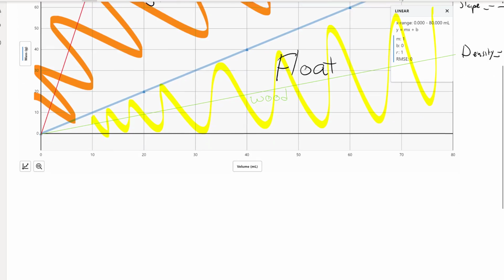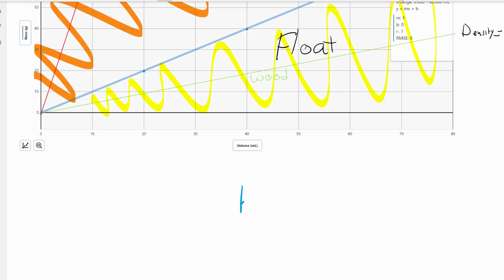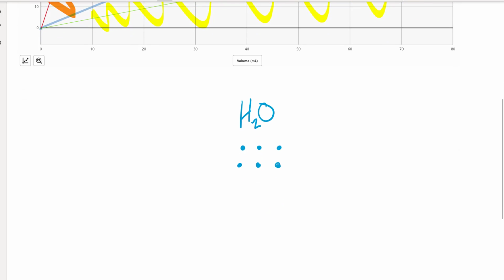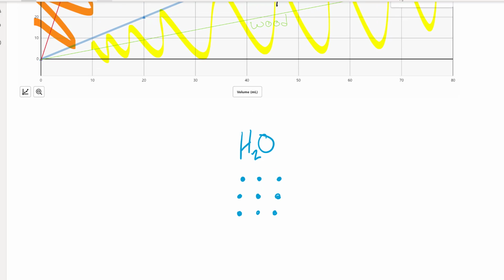So how would we potentially model this? Let's draw this out. So H2O for water. I could draw something kind of like this to model the density of the water. If I want to do the brass, over here, and over here I'll do the wood or the white block.